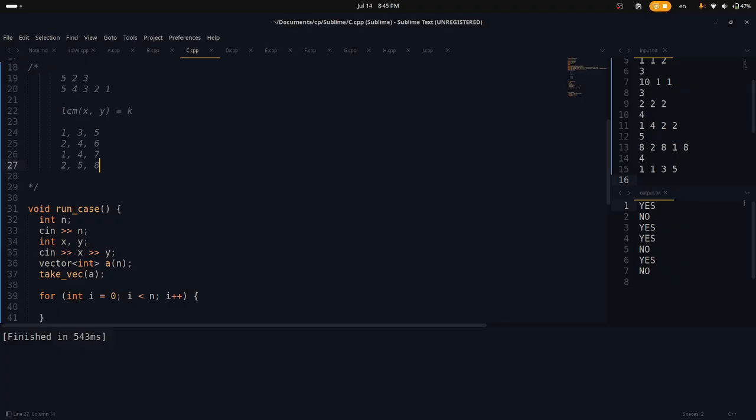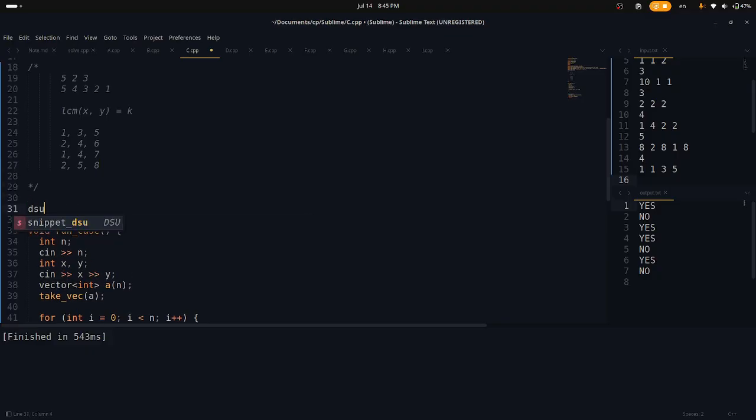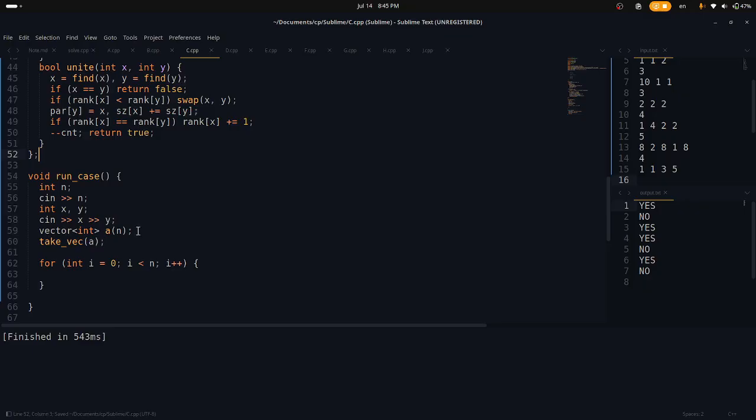So that means I think we can use a DSU here, for the common positions where we can swap. Let's do it again, I think. Let's use a DSU.